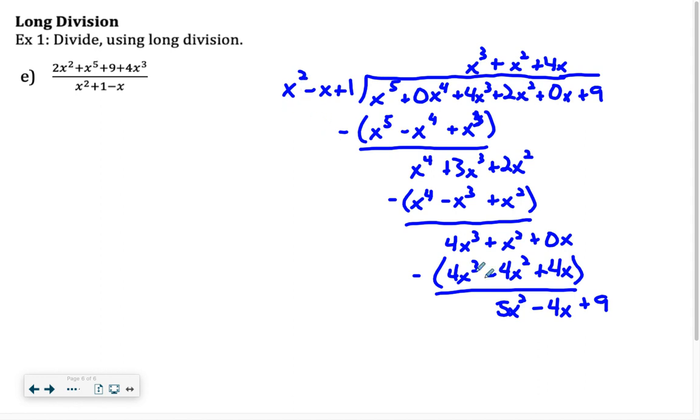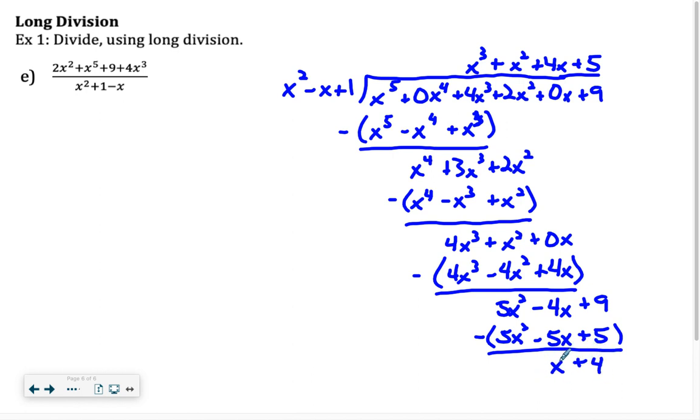So x squared times 5 would get me 5x squared. So plus 5. Then 5 times my divisor would be 5x squared minus 5x plus 5, and subtract. So these cancel. Negative 4 plus 5, right, because that would be a double negative, would just be 1x, and 9 minus 5 would be 4.